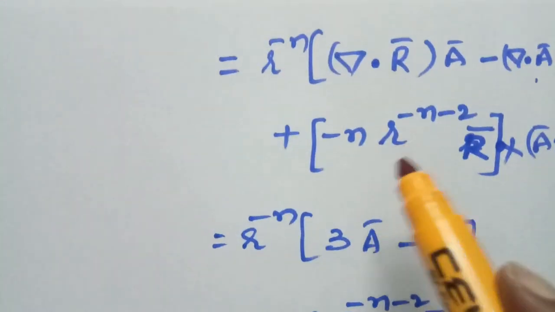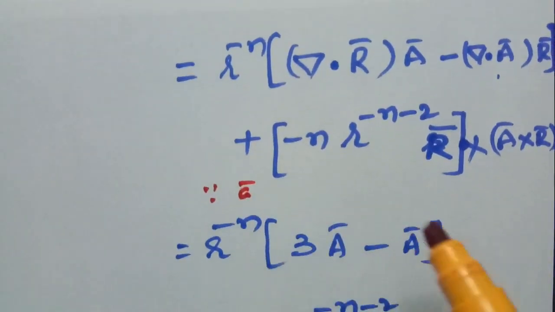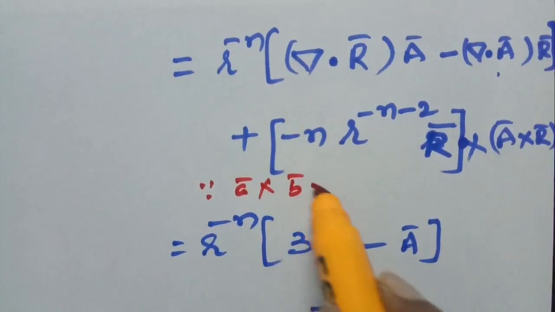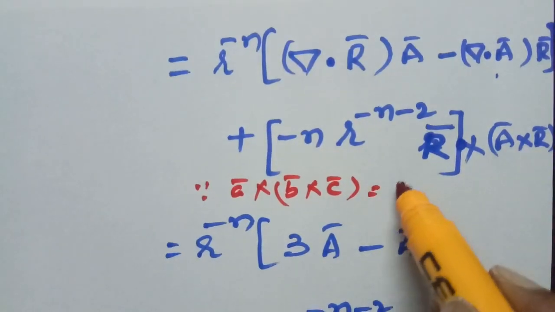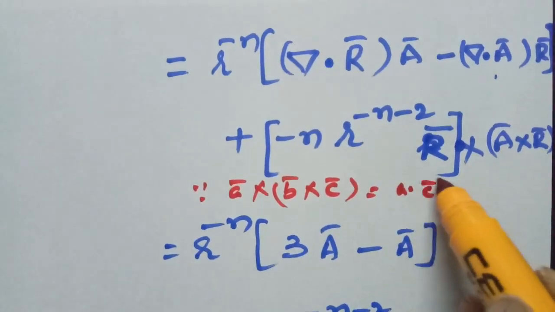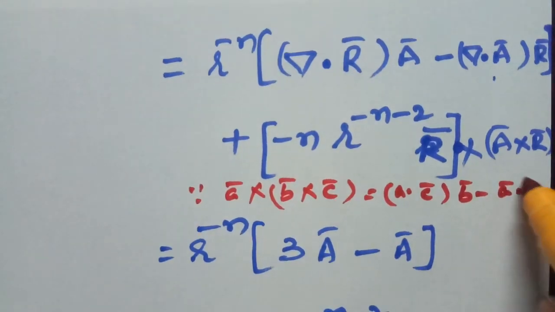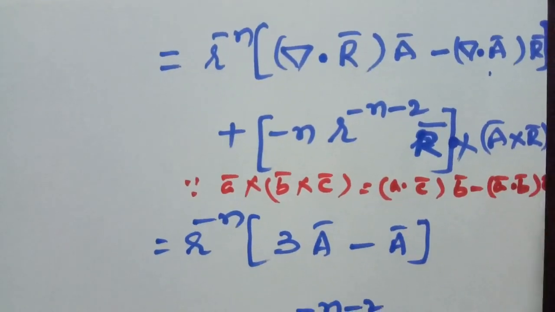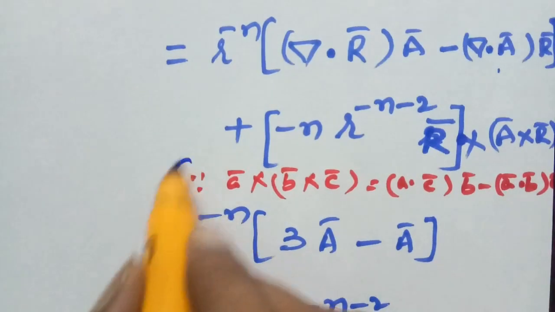Here also I used the same formula: a bar cross b bar cross c bar is equal to a bar dot c bar into b bar minus a bar dot b bar into c bar. Same formula I used again.